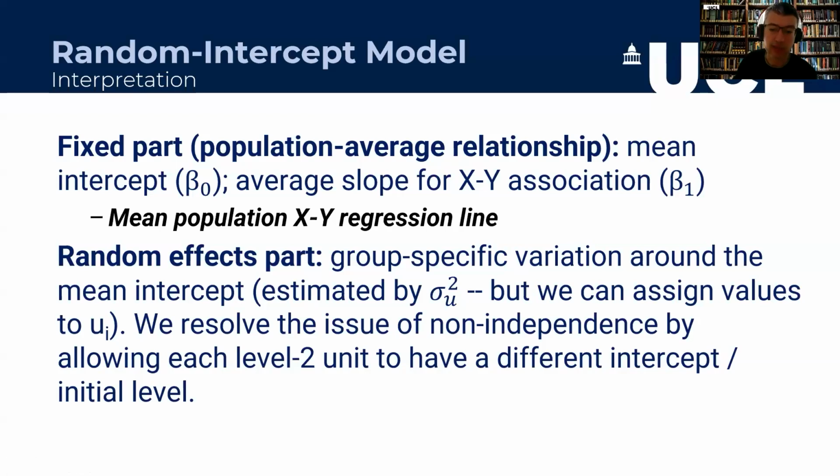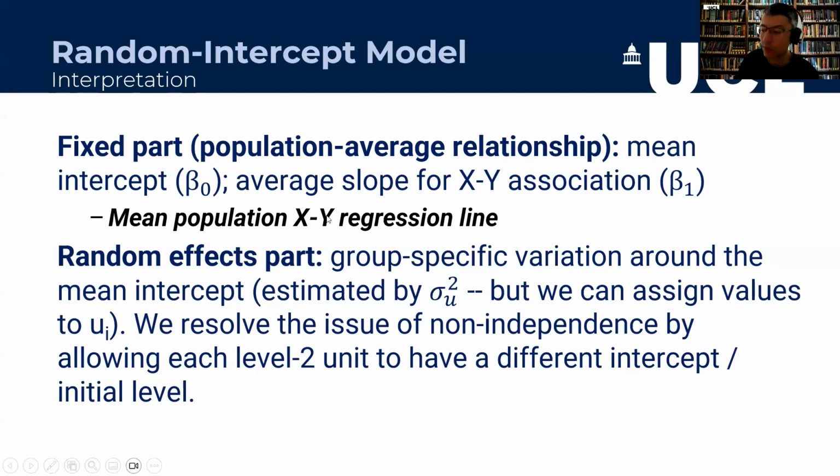So it would tell us, if this is a continuous variable, for instance, that as x increases by 1 unit, on average, y will change by a factor of beta 1. And then the random effect parts will tell us how much variation there is both within clusters as well as across the clusters.